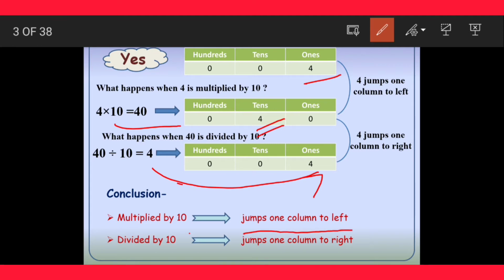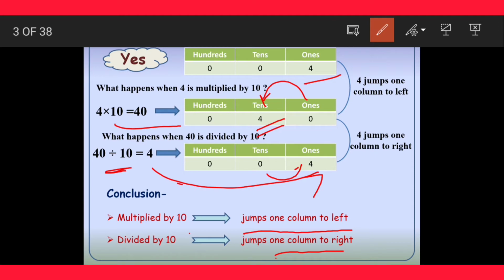See here, we multiplied and it jumped from ones to tens. Now if we divide any number by 10, it will jump one column right. It was on the tens position, and when we did the division, it switched from tens to ones again.